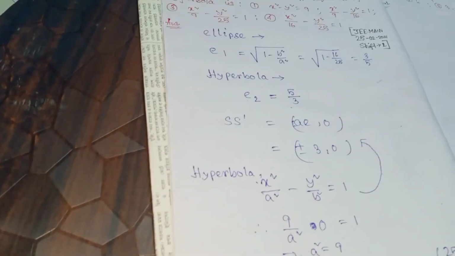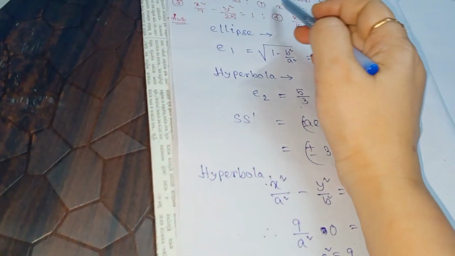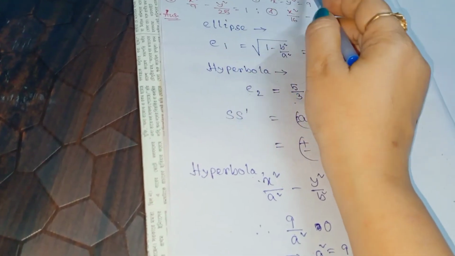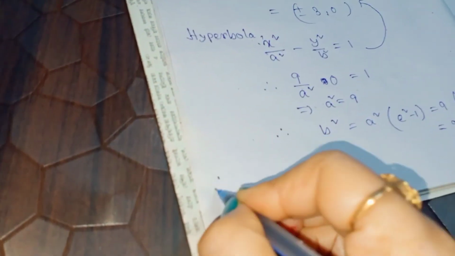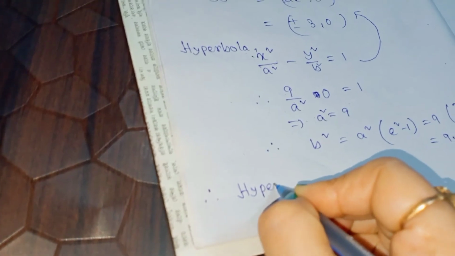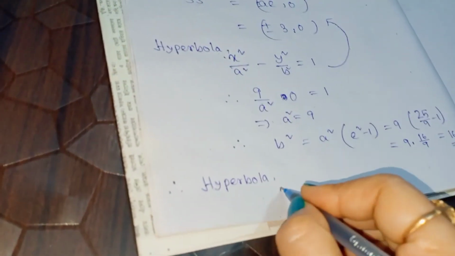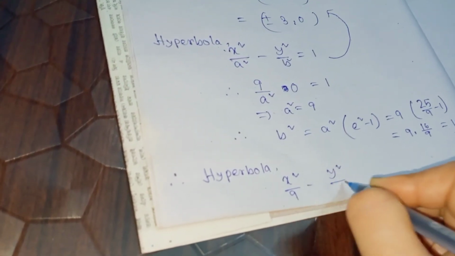So the product of the eccentricities of the ellipse and the hyperbola is 1, then the equation of the hyperbola is x square by 9 minus y square by 16 is equal to 1.